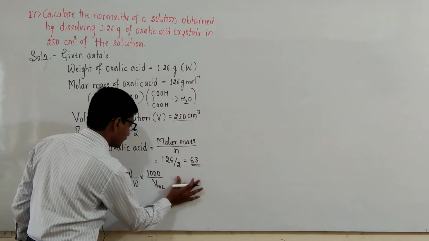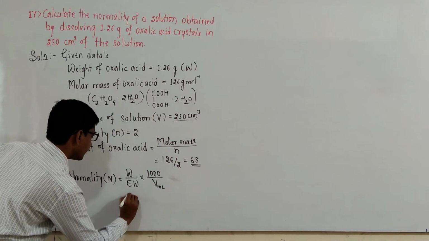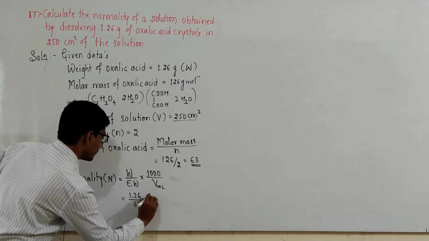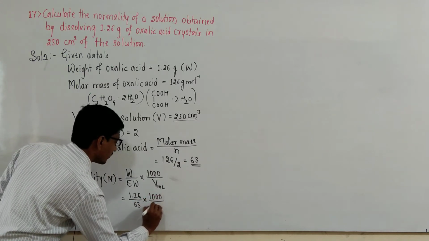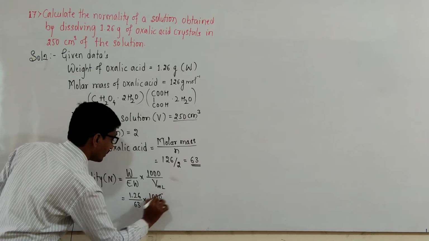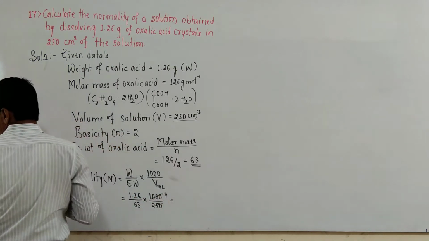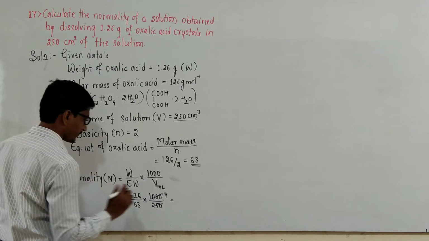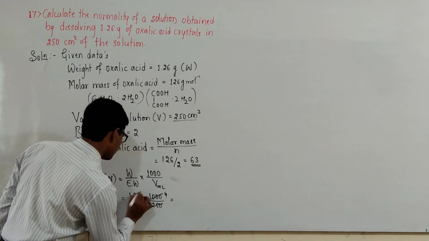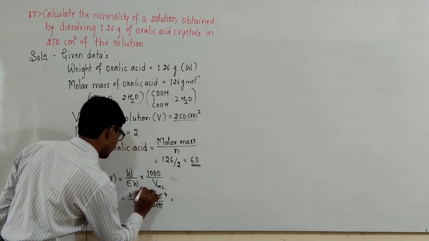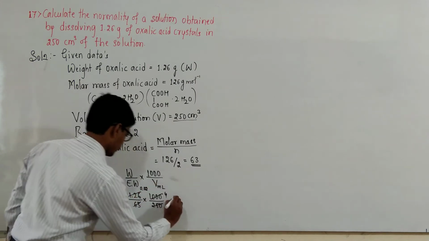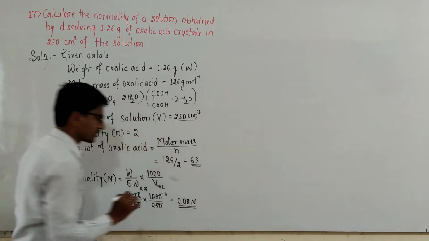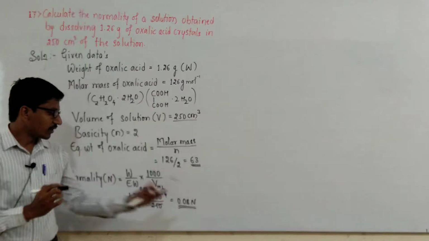This is equal to weight 1.26 divided by equivalent weight 63, into 1000 divided by 250, and the final answer for this is 0.08 normal. This is the normality of the given solution.